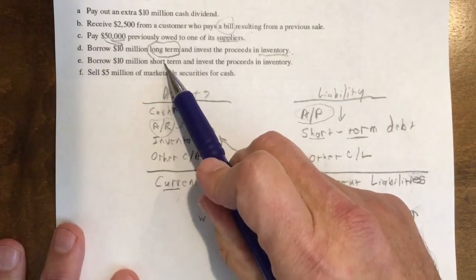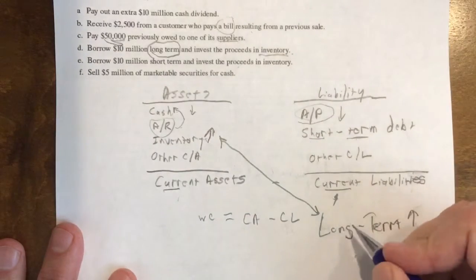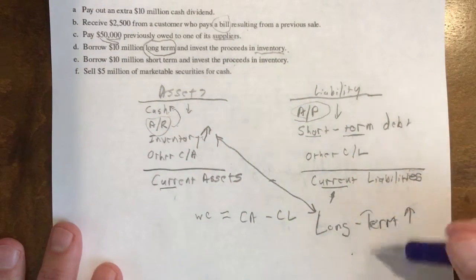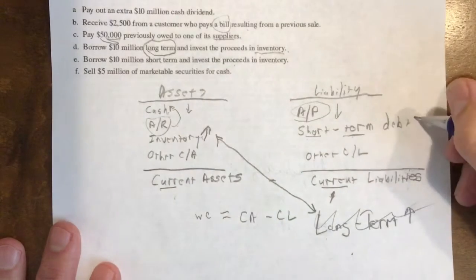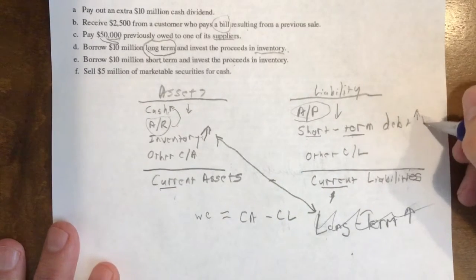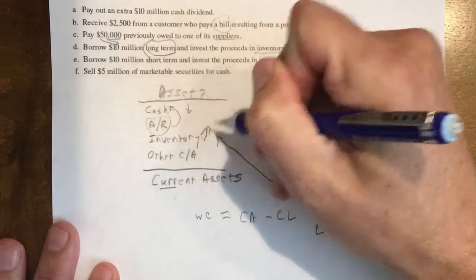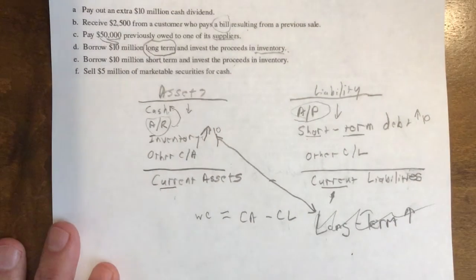Borrow 10 million short-term and invest the proceeds in inventory. Well, okay, in that case, it does. This goes up by 10 million, and inventory goes up by 10 million.